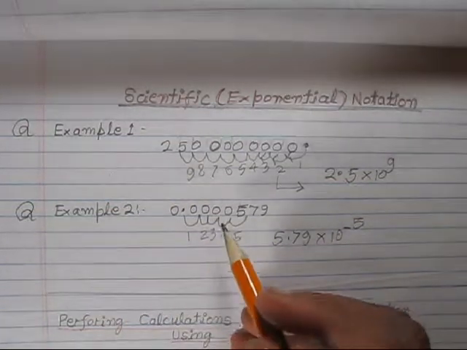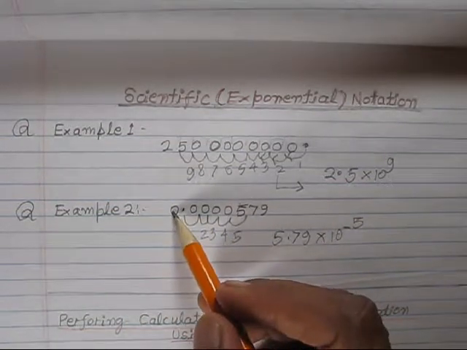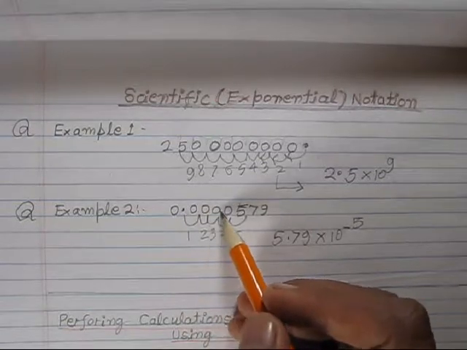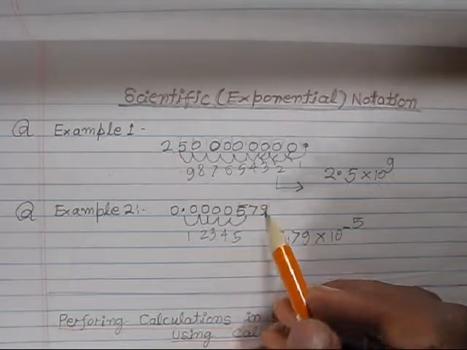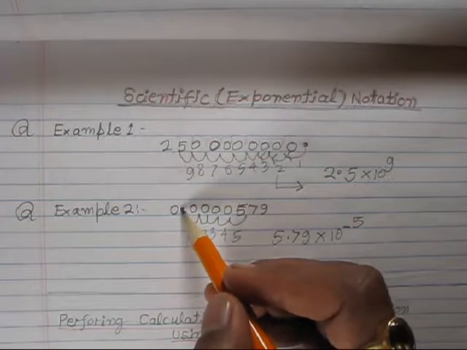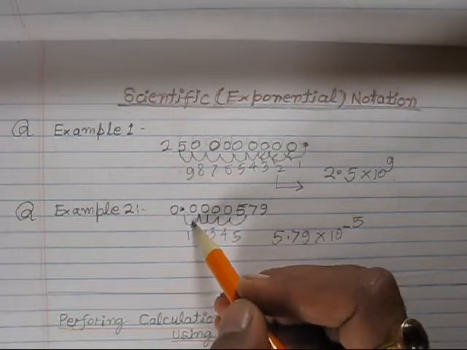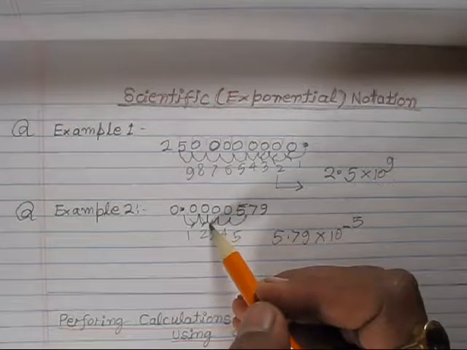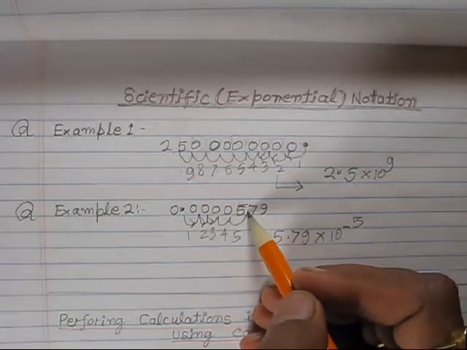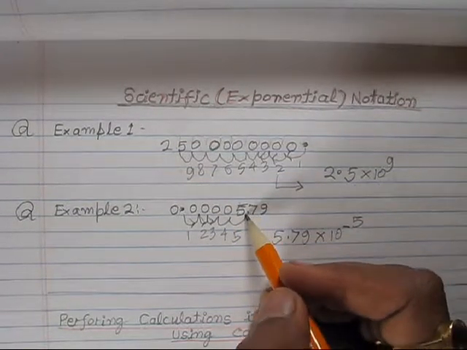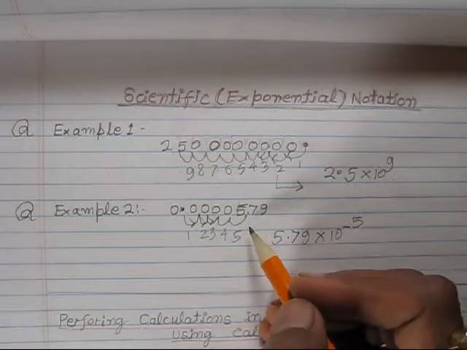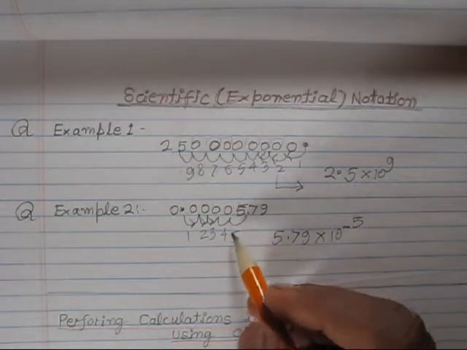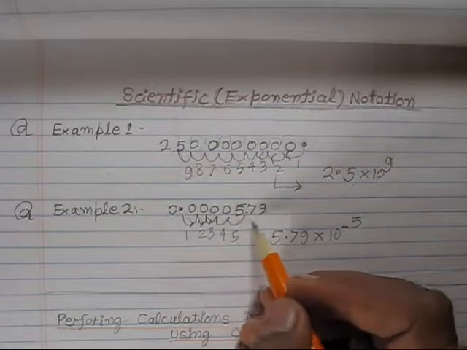And in another question, this is 0.0000579. So what you have to do here is move this decimal point from left to right and place it just after the first integer. Then you have to count how many places you have moved it.